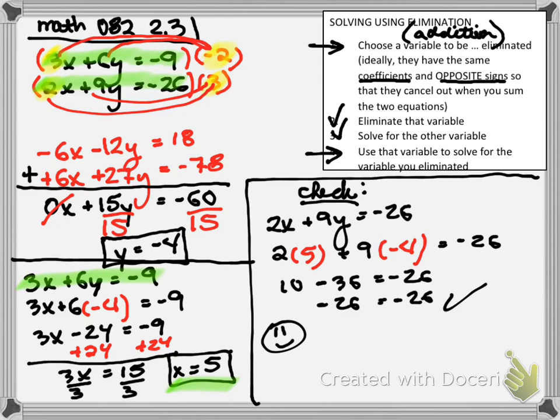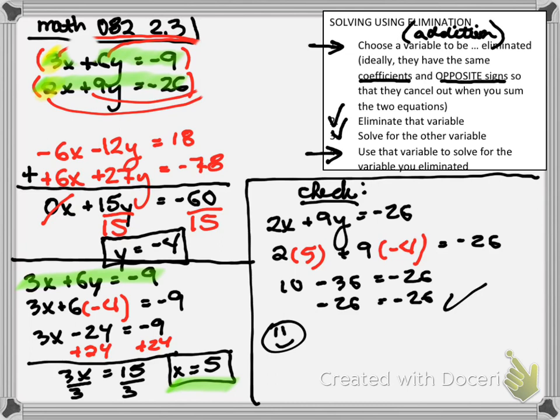So the other thing I wanted to address here before I end this video, somebody might ask, what if you had decided to eliminate your y values instead of your x values? And that is totally valid. You could have multiplied, instead of eliminating your x's, let's see if I can erase this here.